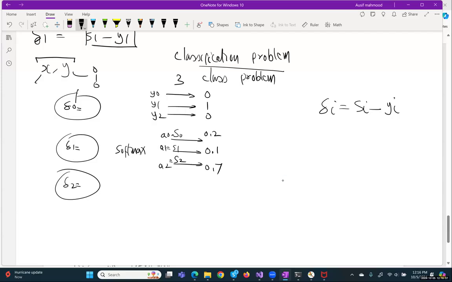So this will be 0.2 minus 0, which is 0.2. Let's go to delta 1. This will be 0.1 minus, what's the target? 1. So it will become 0.9. What about delta 2?